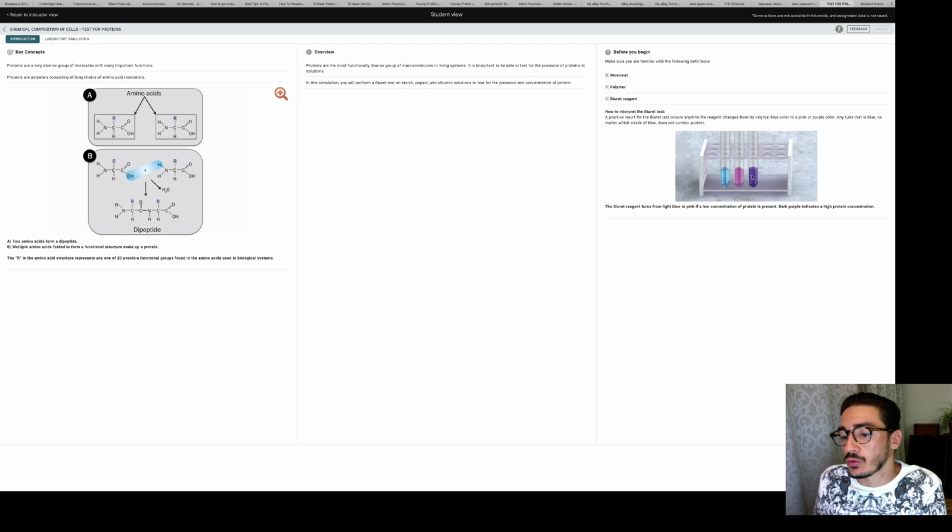But if you have a protein, it's always going to turn purple. If you have a low concentration of a protein, it is going to give you pink. But if you have a really high concentration of a peptide, it also can give you the purple color. So now it's more complete.